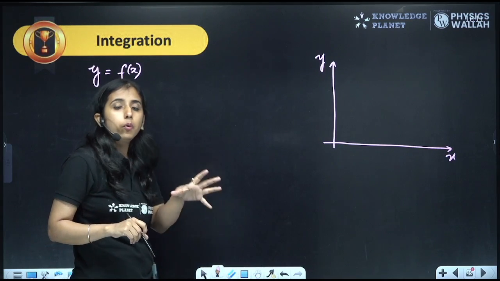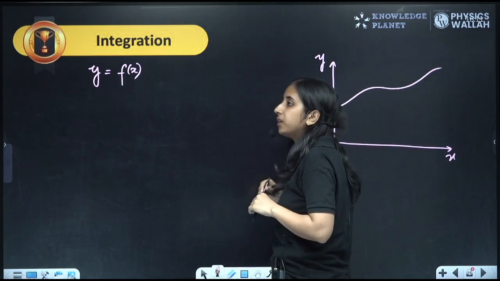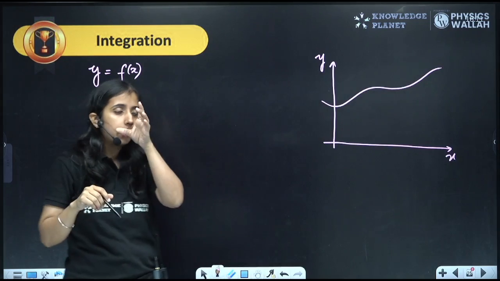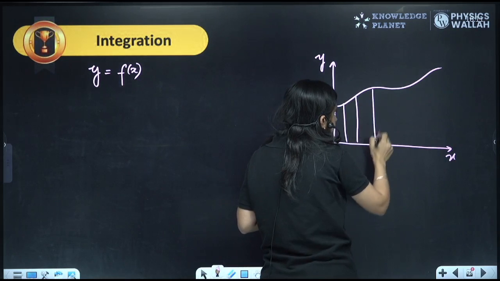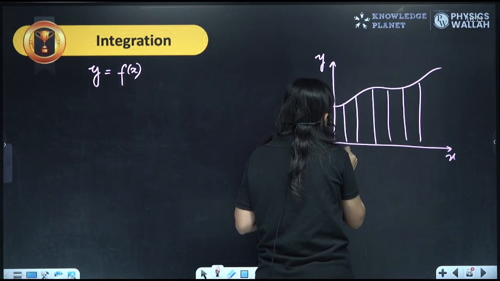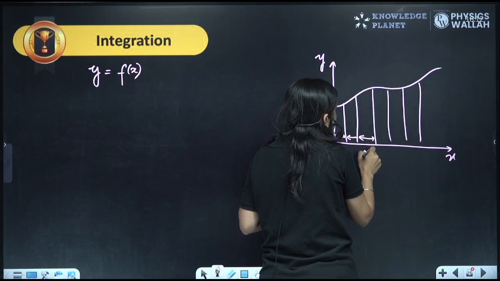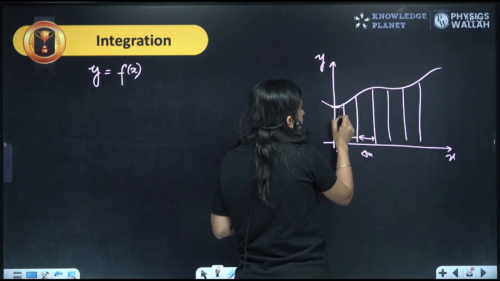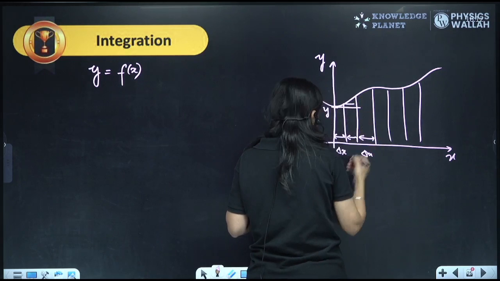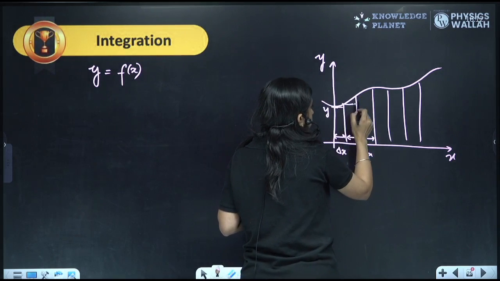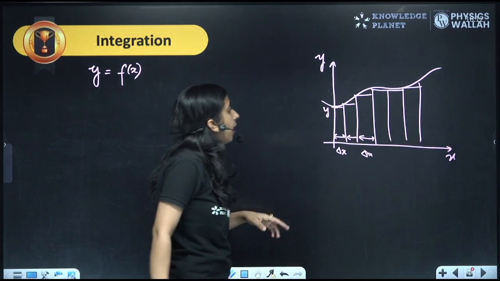If I want to find the area under this function of x, what is one method? I will divide this area into strips of width delta x and then calculate y for each strip.